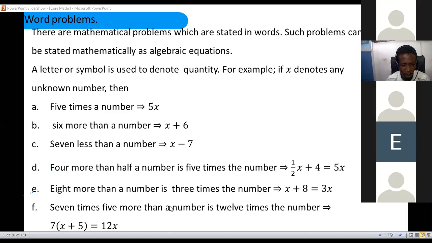I'll be telling you this always, so please don't forget. x plus 5 is a binomial. So 7 times 5 more than a number is 7 times x plus 5. That is the same as 7 into bracket x plus 5.